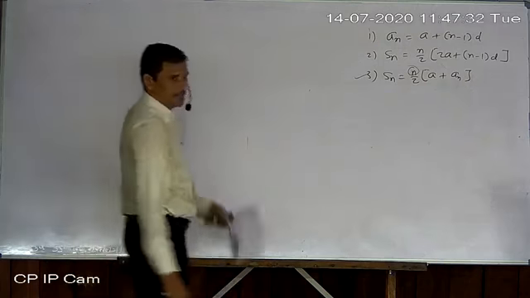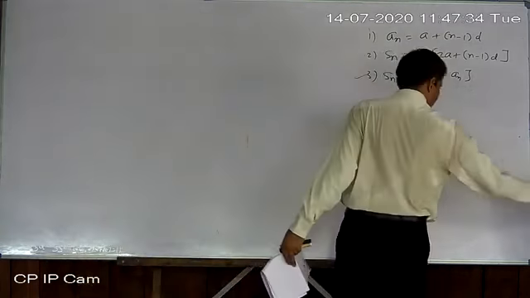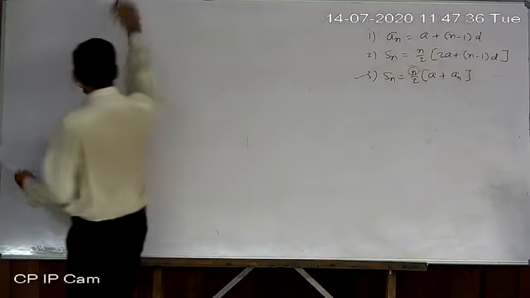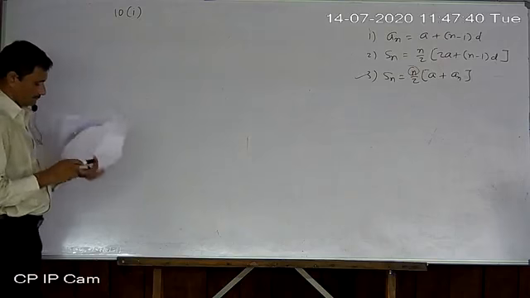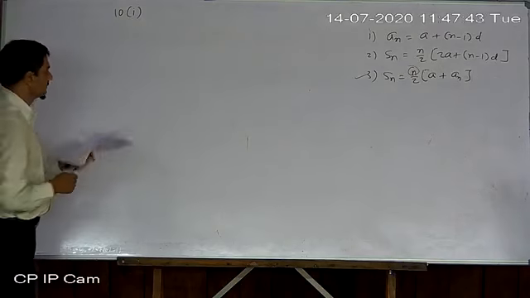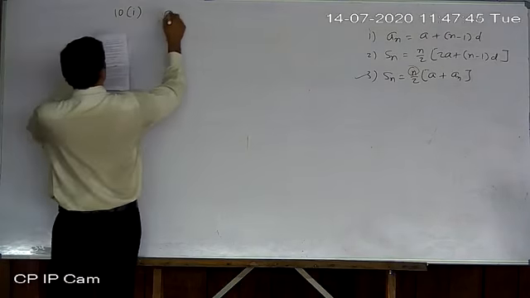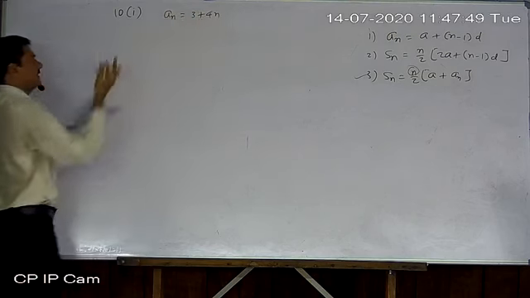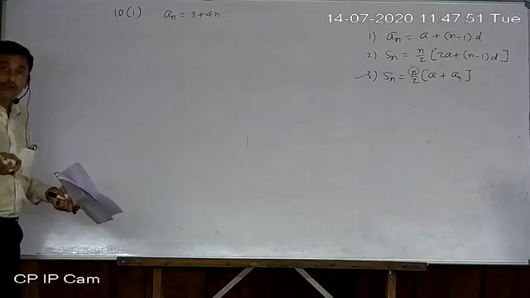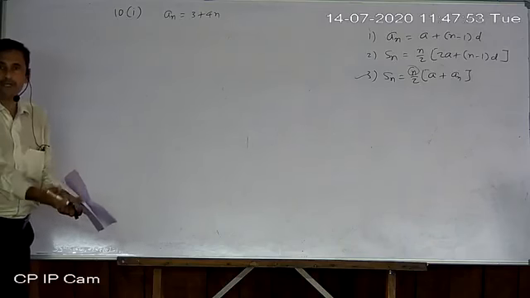Now number 10, first one. Whatever is given, An equal to 3 plus 4n. Very easily, just find out, sorry, place the value of n.